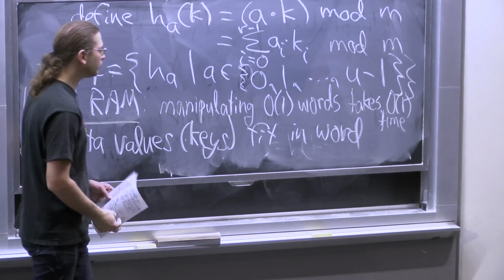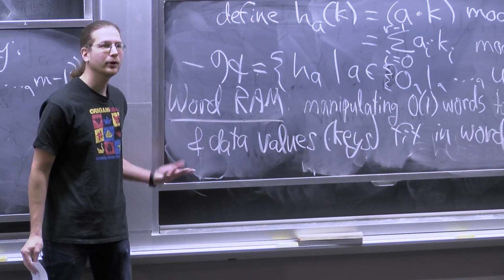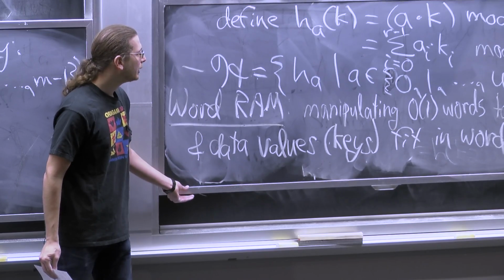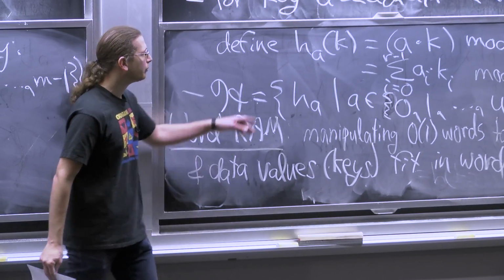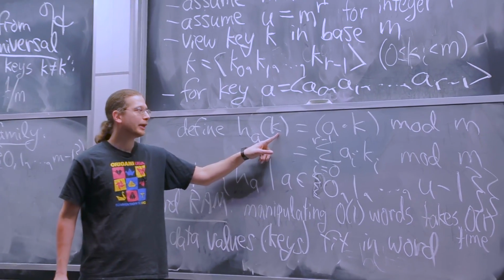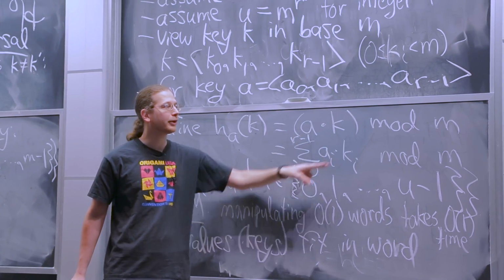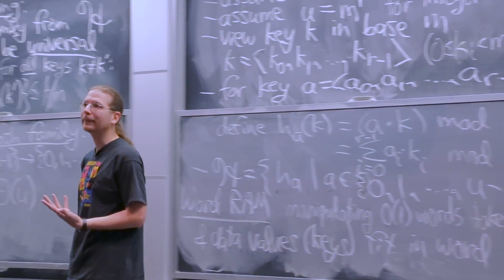This is what you need to assume, say, in van Emde Boas, that you can compute high of x in constant time or low of x in constant time. Here, I'm going to use it to assume that we can compute h sub a of k in constant time. In practice, this will be done by implementing this dot product computation in hardware.